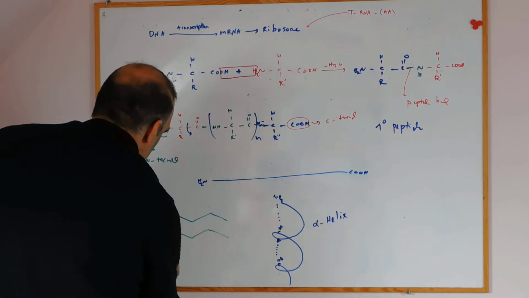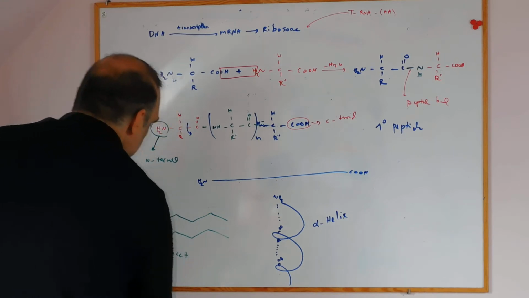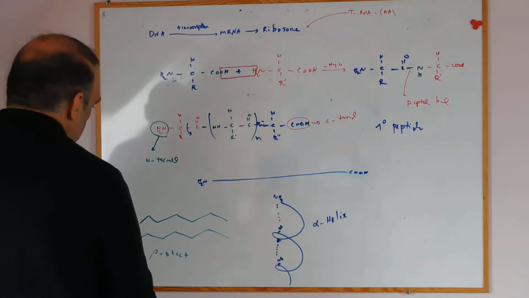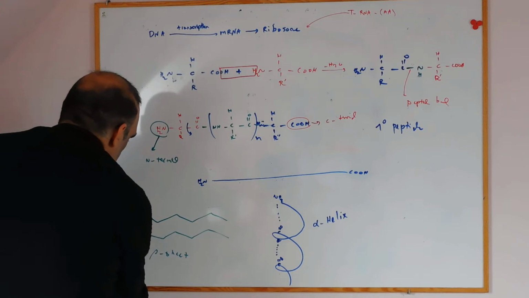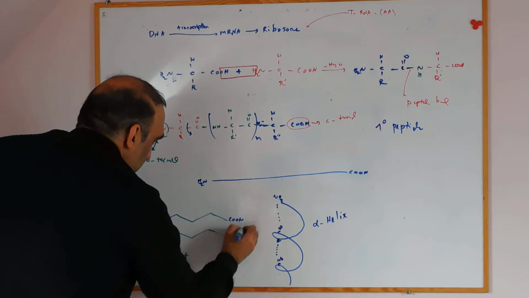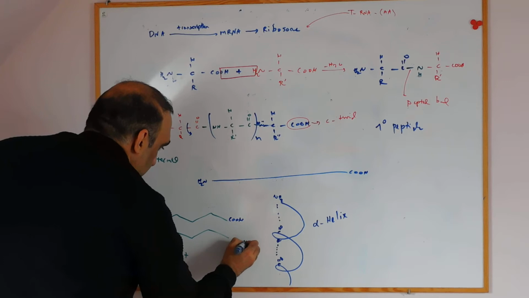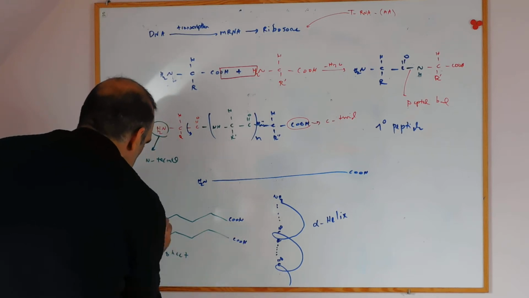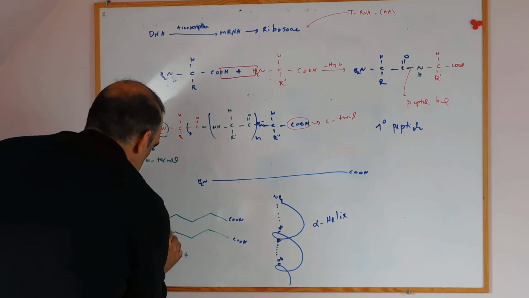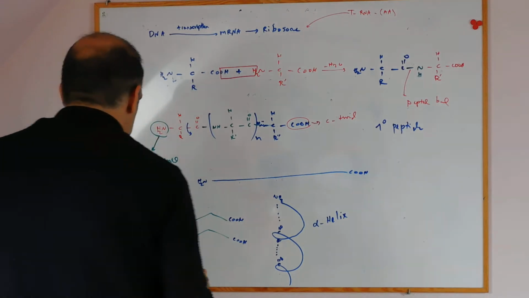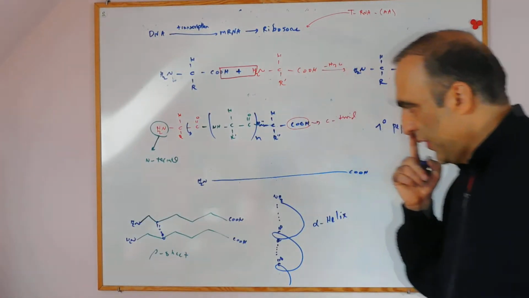Sometimes it will be in a shape like this. We call it a beta sheet. Why is it a beta sheet? Because, for example, start with the NH2 and COOH, one amine group with one carboxylate.